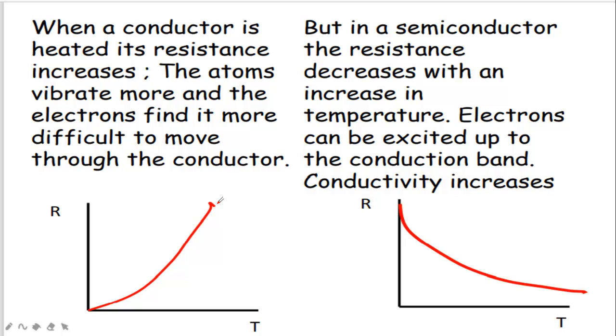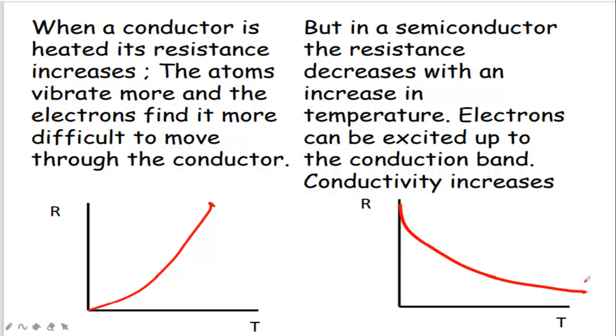And here on the right side, the graph between R and T is of a semiconductor. In a semiconductor, when we increase the temperature, the resistance starts decreasing. These two phenomena are quite opposite to each other. So what happens in semiconductors?